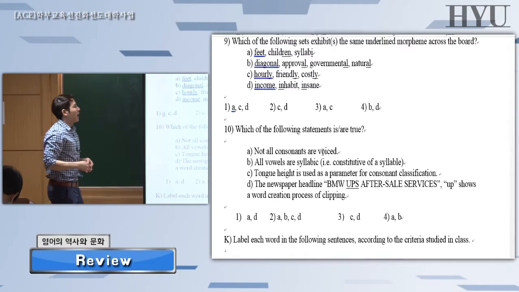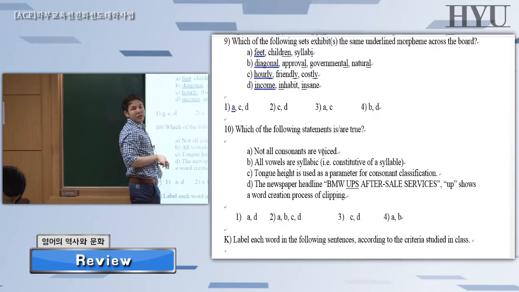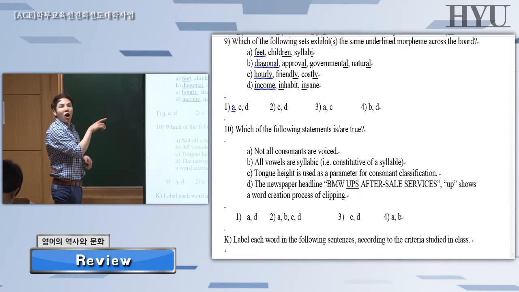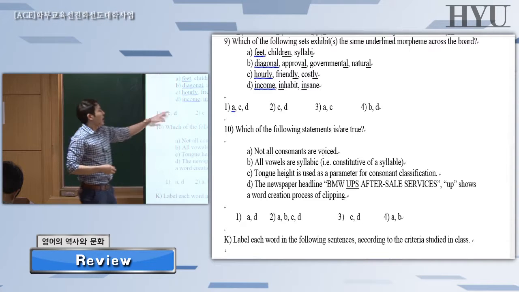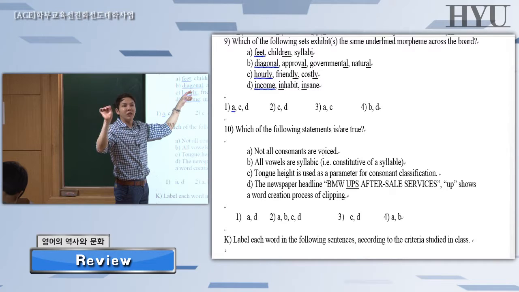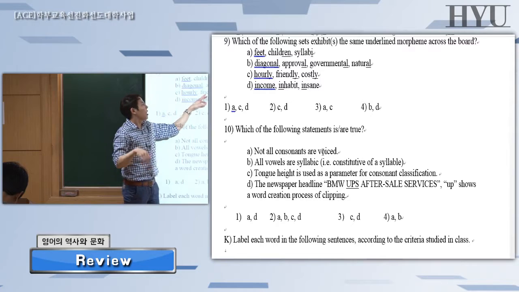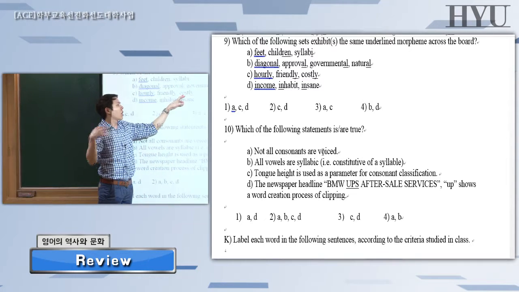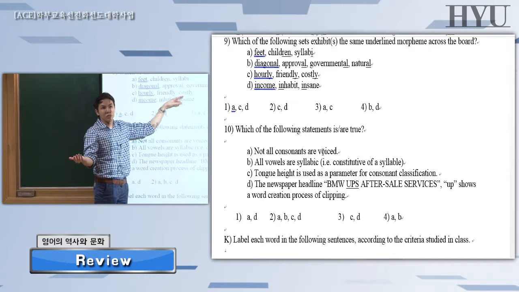Number C, hourly, friendly, costly. They are all adjective suffixes. Hourly is an adjective, like an hourly rate, an hourly pay. A friendly person, a costly thing to buy.